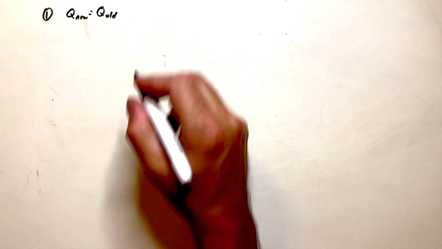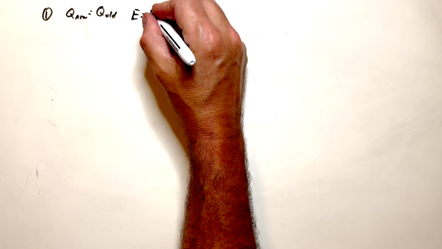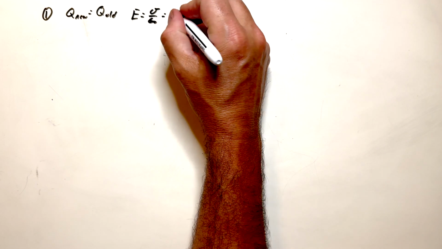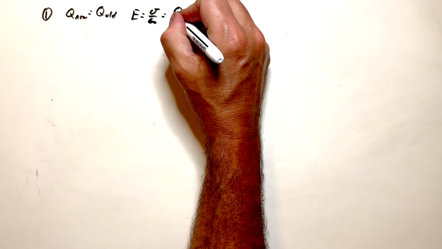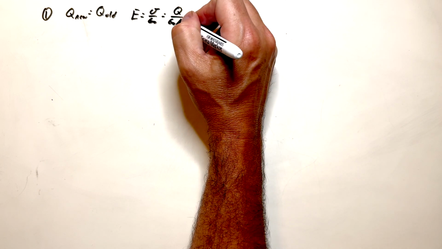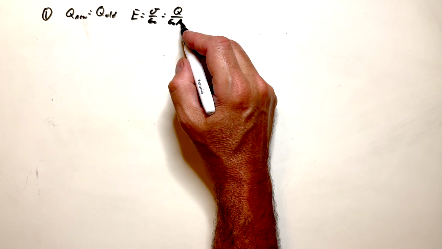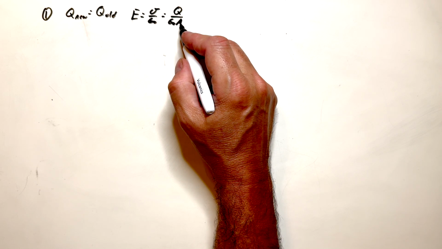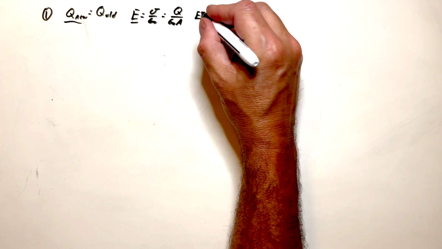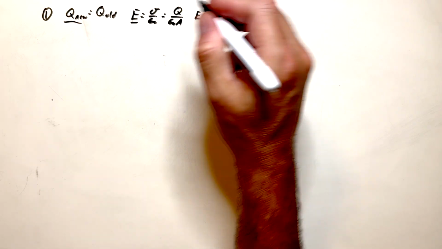Now the electric field in a parallel plate capacitor is E equals sigma over epsilon naught, which is then equal to Q divided by epsilon naught A, the area of the plates. Since Q is not changing and A, the surface area of the capacitor plates, is fixed, that means that E does not change either. So E new equals E old. That doesn't change either.